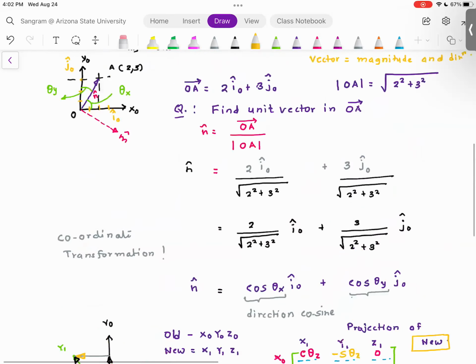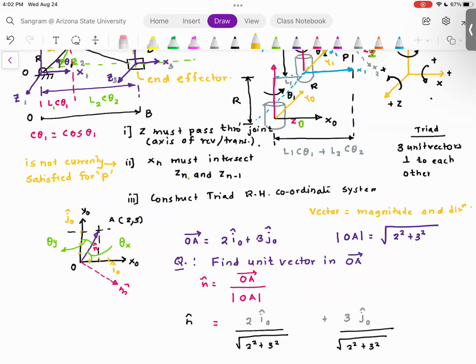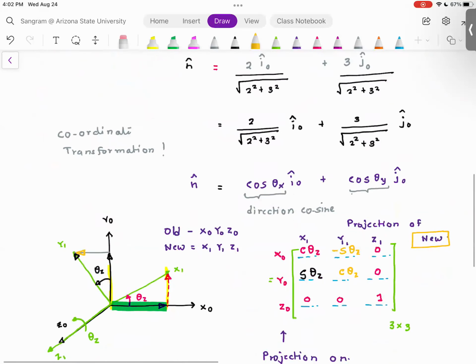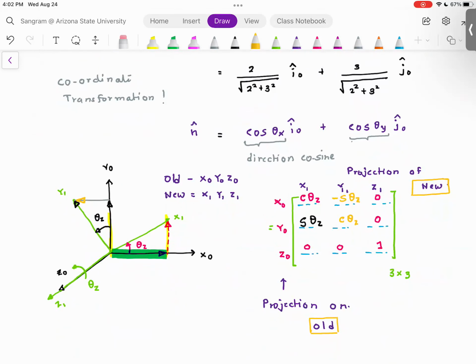Because rule number 1 says the axis has to pass through the joint, which means all my rotations are always going to be about z, which means the only coordinate transformation that I should be remembering is this. Right?